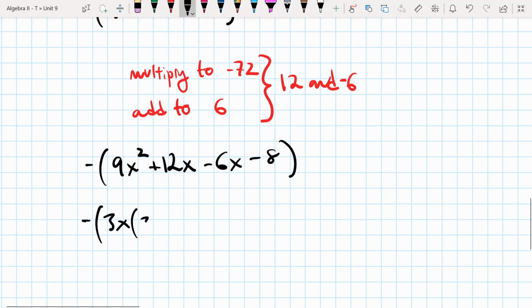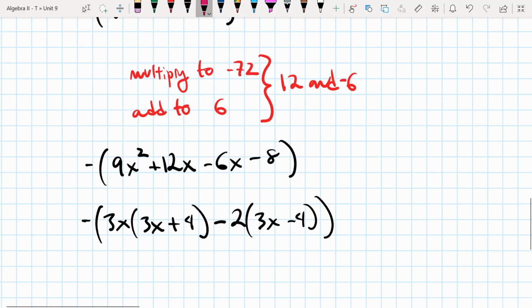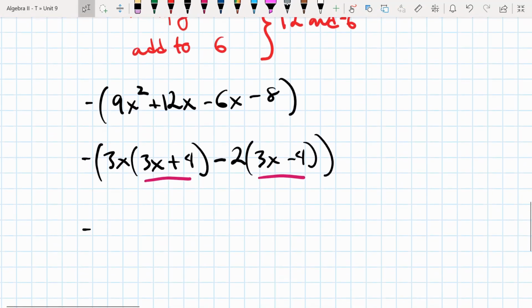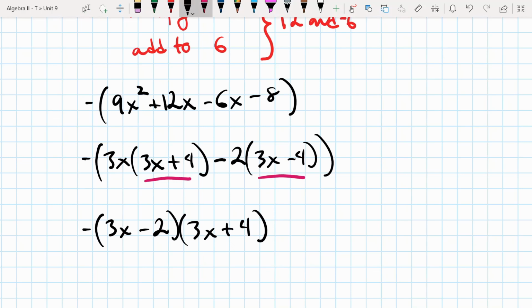So 3x times 3x plus 4 minus, let's factor a 2 times 3x minus 4. Okay, we have the same terms here, so the factoring by grouping is going to work. So our answer is going to be negative 3x minus 2 times 3x plus 4. That's the answer for this one.